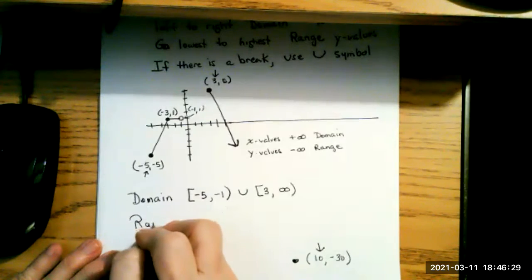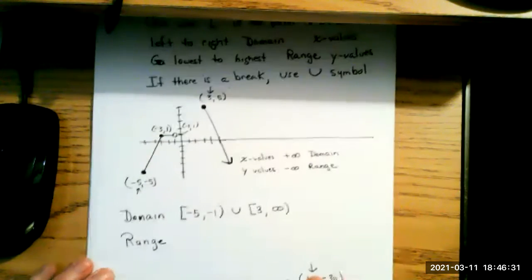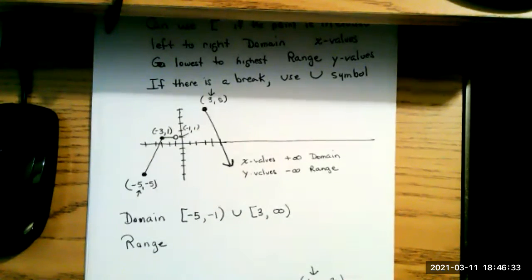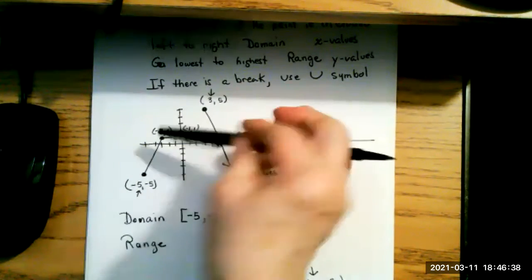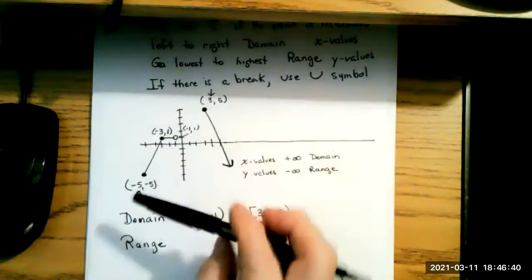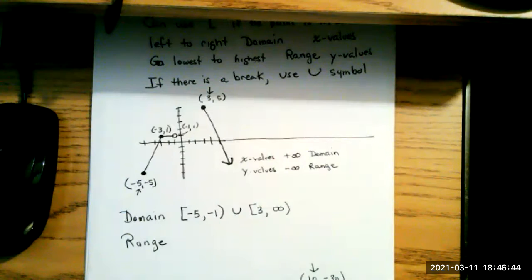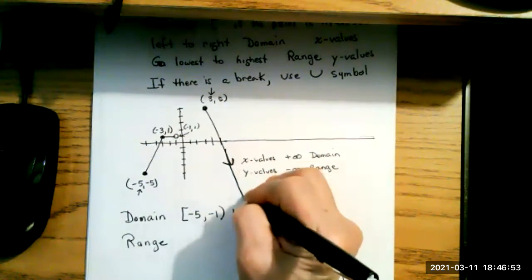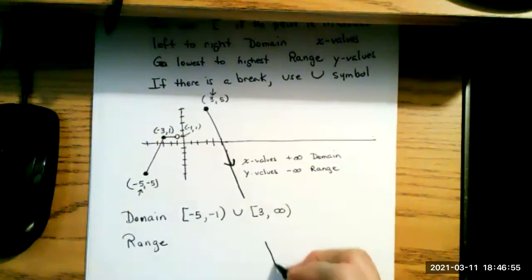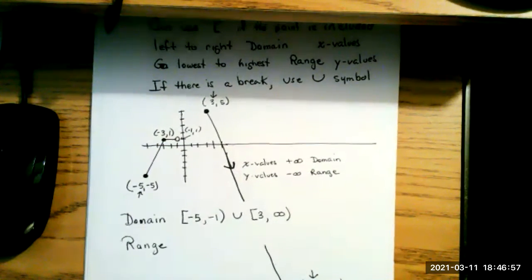All right, let's talk about the range on this one. The range on this one is the lowest Y value. So I've got to come down here and find the lowest Y value. Well, it looks like there's a Y value of -5. Is there a Y value that's lower than -5? Negative infinity. Because this is going to go way past -5. It's going to keep going and going. So it's going down to negative infinity.